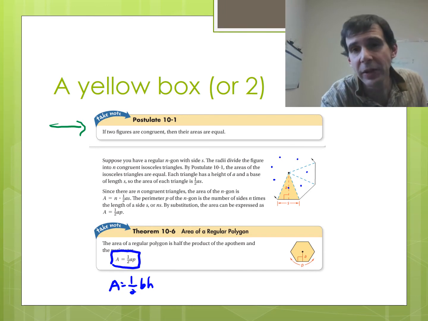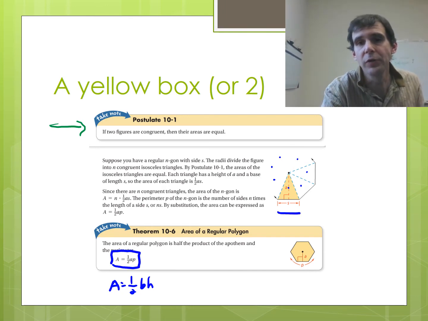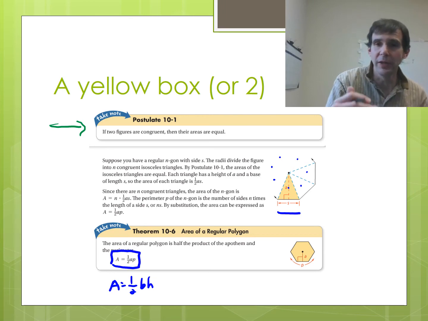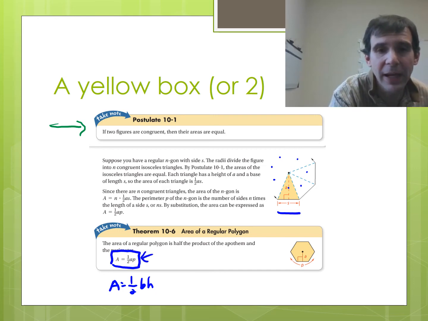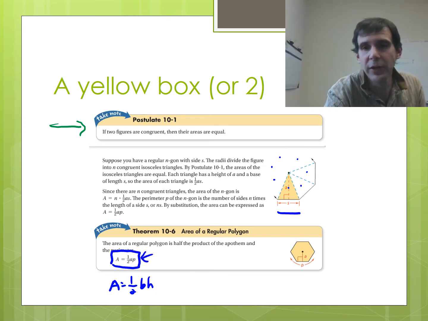So instead of the base of each individual triangle, we give the whole perimeter, which is that base times the number of sides. Having perimeter instead of base gives us all of the areas put together instead of just the one.